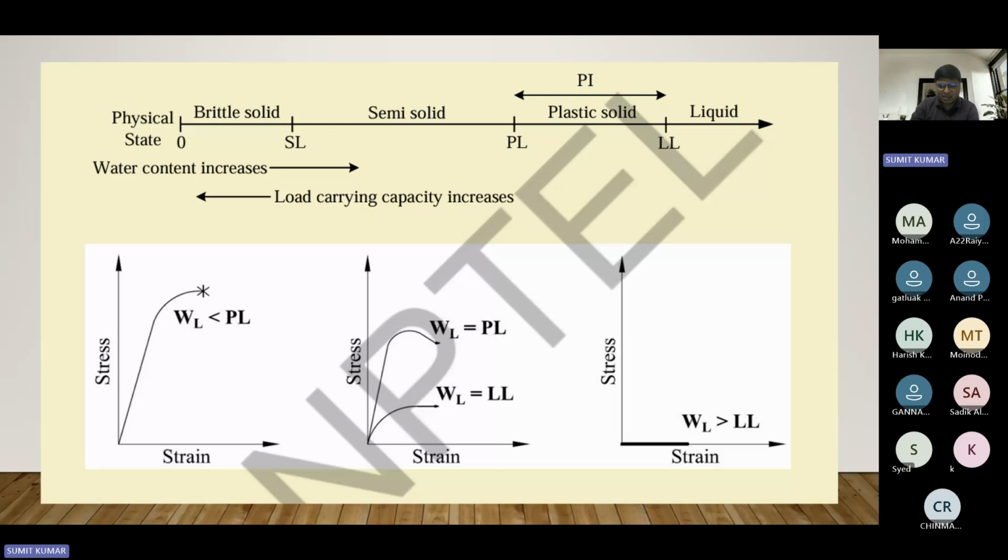Over here, a graph is also presented in which stress-strain is shown, with LL less than PL and LL equal to PL, but we will discuss this later because the explanation is not present over here.